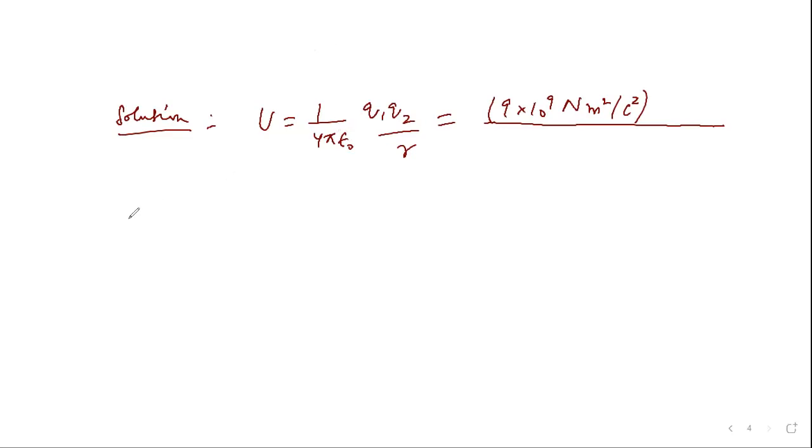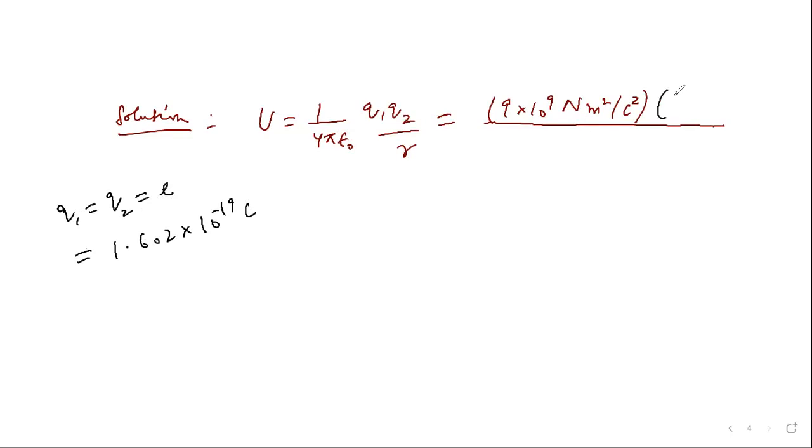Q1 is equal to Q2. Charge on the protons is the same, as both are equal to e, which is 1.602 into 10 raised to the power minus 19 coulomb, right? Charge on each proton is e, which has value 1.602 into 10 raised to the power minus 19 coulomb.